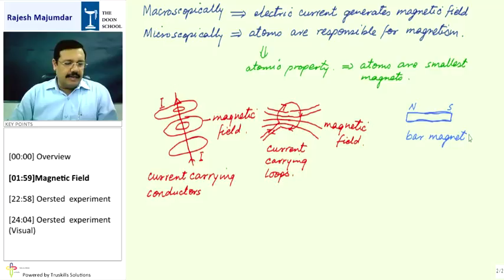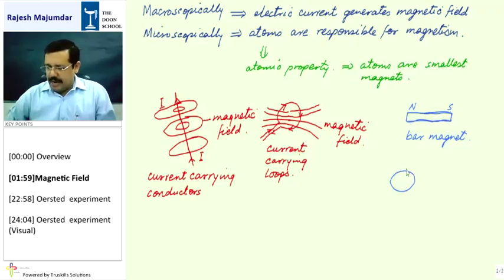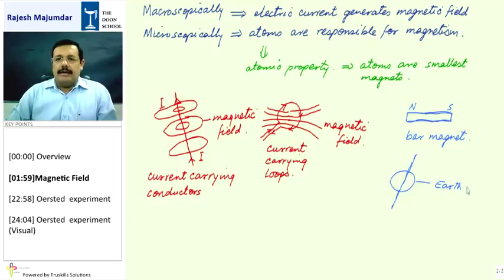Then there is the earth itself. Earth itself is a huge magnet, you know it. Suppose this is the earth, and the earth has a magnet, and it has a magnetic axis.